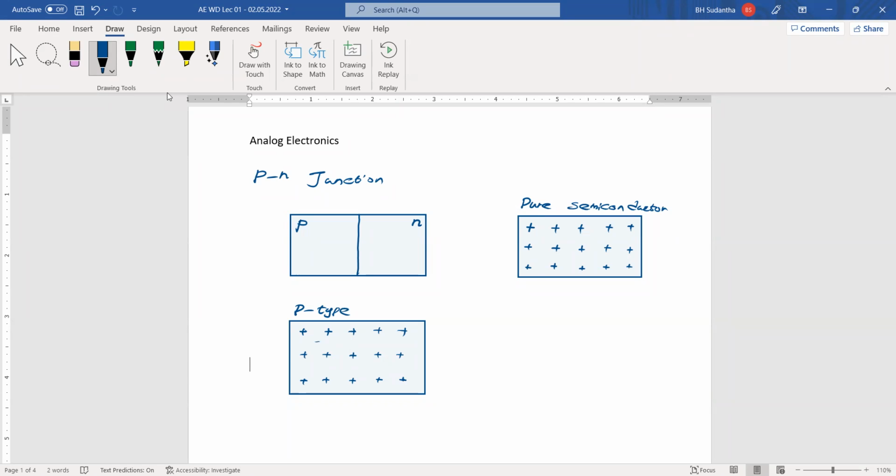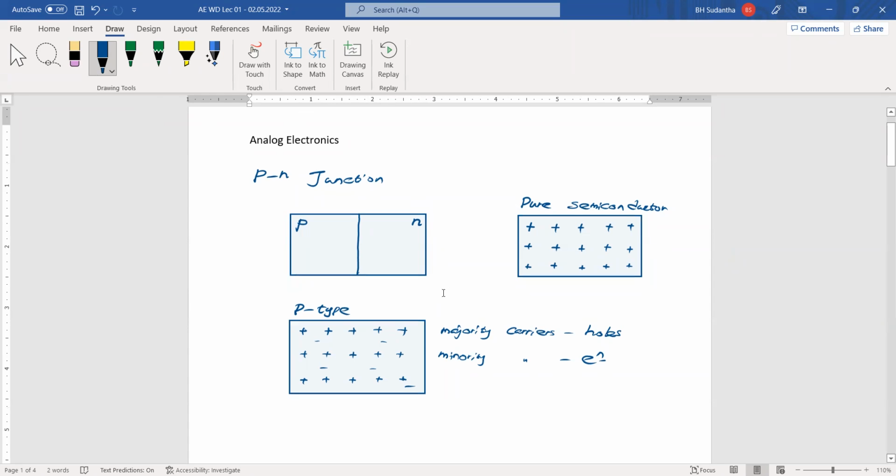It may be a couple of negative carriers we can find here and there. Here the majority carriers are holes, and the minority carriers are electrons. Okay.